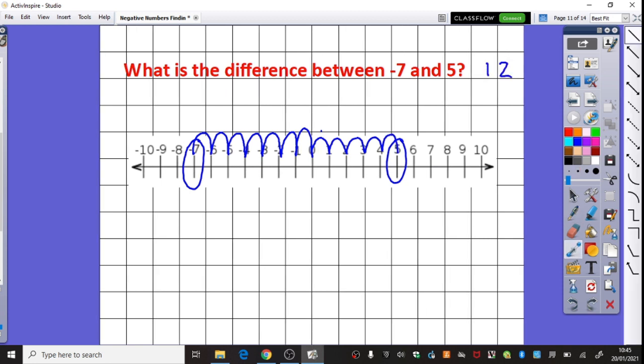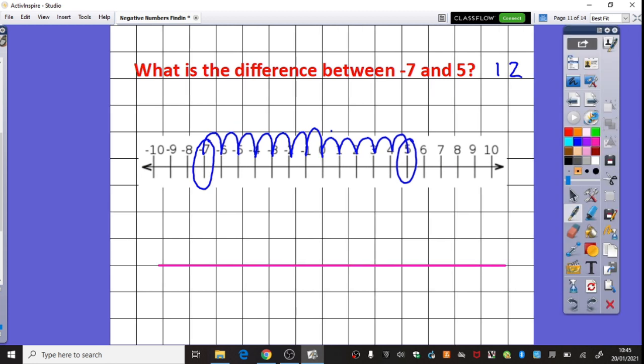Let's try that on our empty number line. Starting on minus 7, first job as always, how many to get back to 0? That's 7. And how many to go from 0 to 5? Well, that's 5. 7 add 5 all together makes a difference of 12.